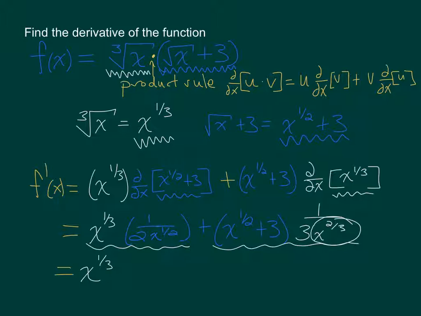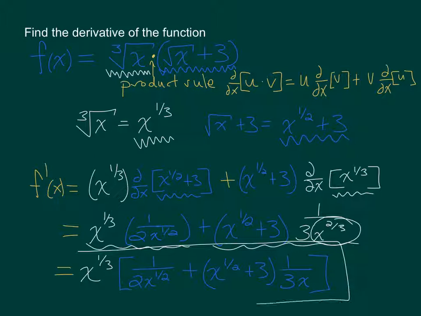So when you factor out an x to the 1/3 power, we're left with a 1 over 2 x to the 1/2 power plus x to the 1/2 power plus 3, all of that times 1 over 3x. And here is your final answer.